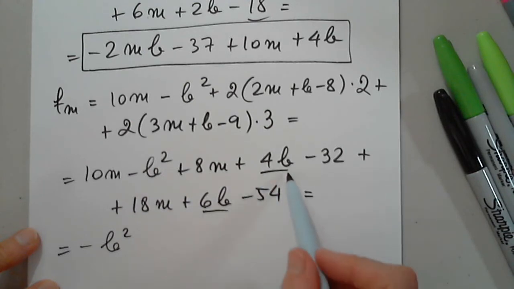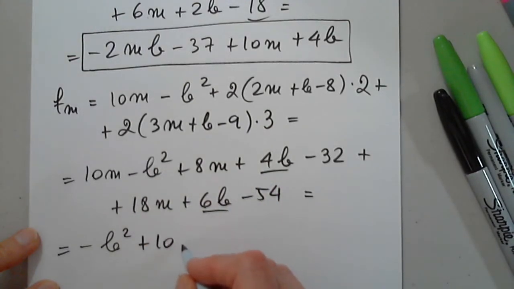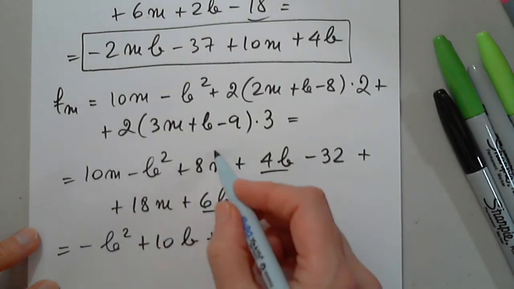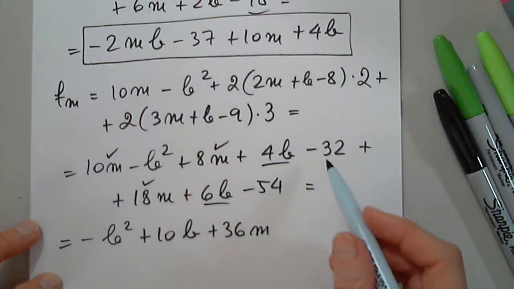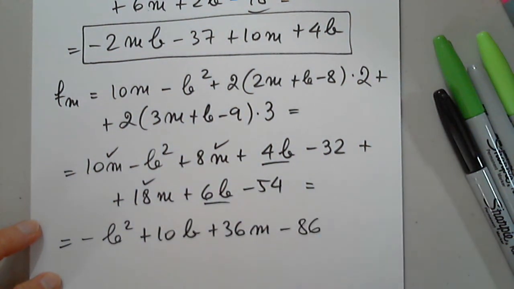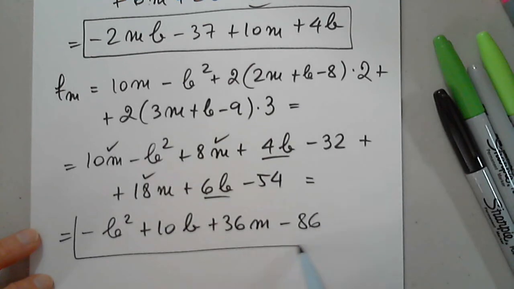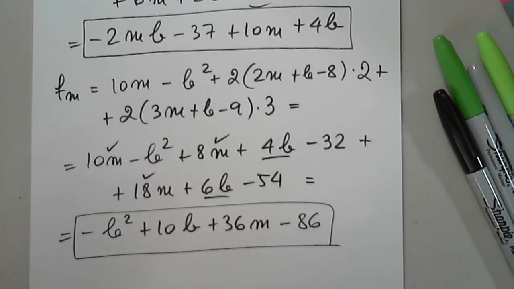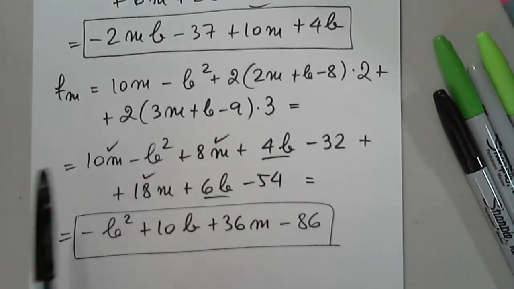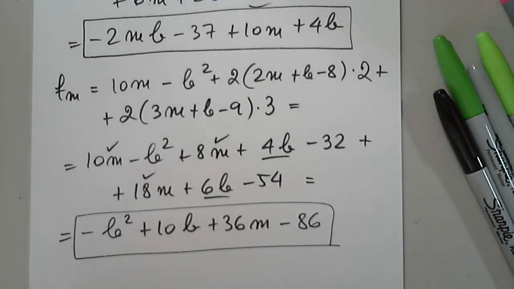Then let me continue with the b's, plus 10b. Then I have 18 plus 18 plus 36m. So these are accounted for. And then I have minus 86. And this is it. The first partial derivative with respect to m.